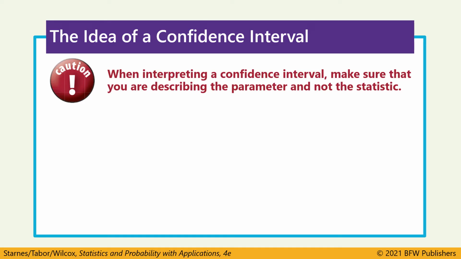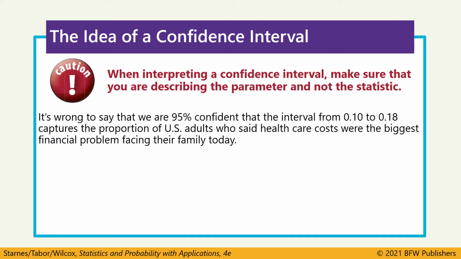So to start, it's always about the population parameter and not the statistic. If we were to say we're 95% confident that the interval from 10 to 18% captures the true proportion of all US adults who said healthcare costs were the biggest financial problem, that would be incorrect. This needs to say the word "say" and not the word "said."